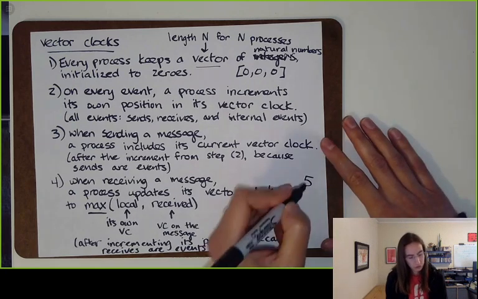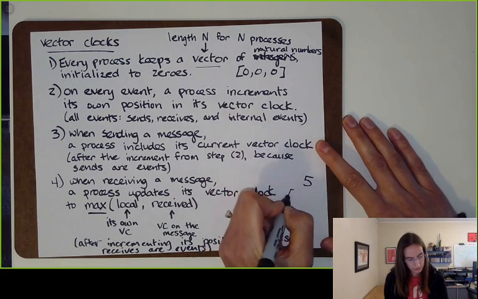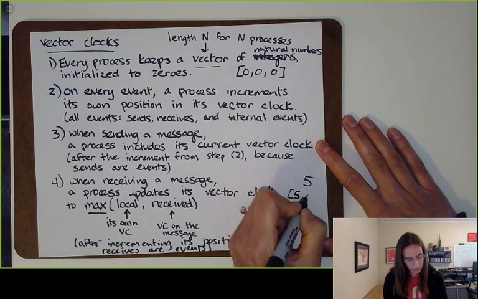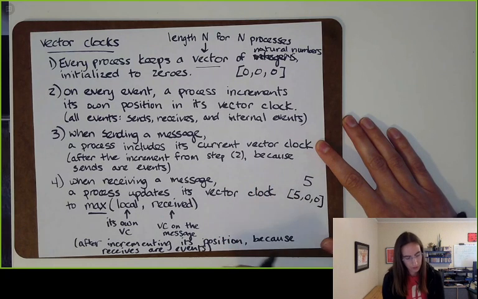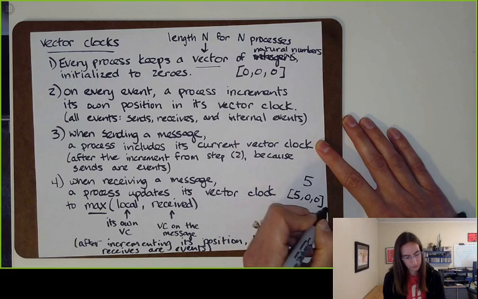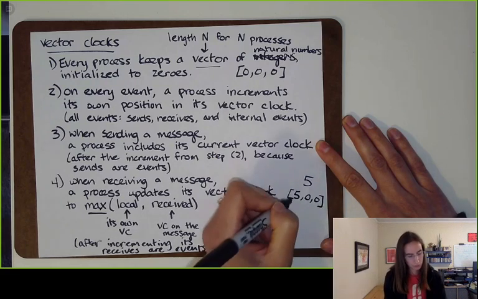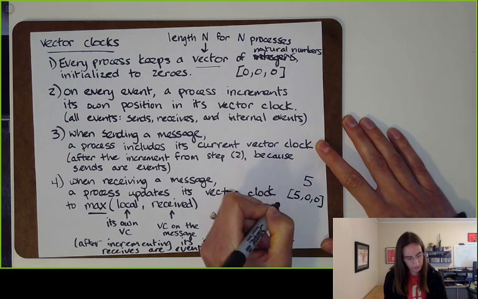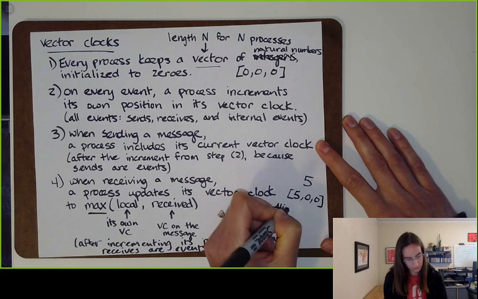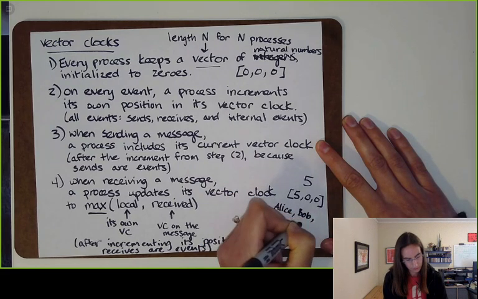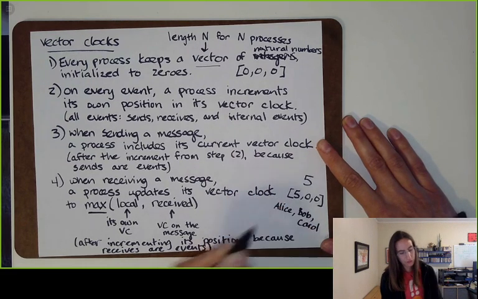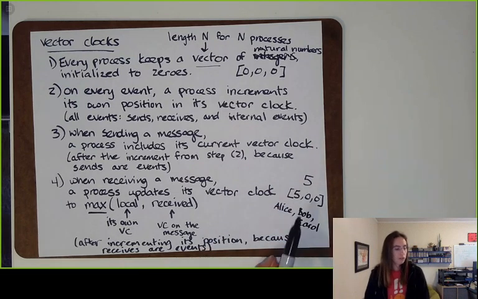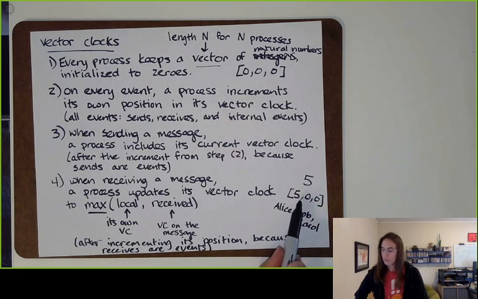But if you had a vector clock like 5, 0, 0, where the entries represent Alice, Bob, and Carol, this vector clock describes a world in which Alice has seen 5 events and Bob and Carol haven't seen any.